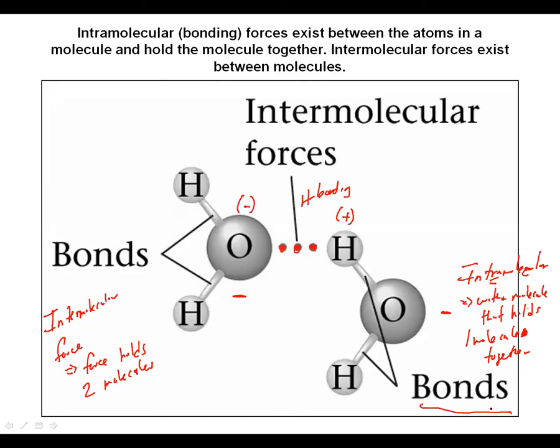Now, between intramolecular force and intermolecular force, the one that is stronger is always the intramolecular force. So the intramolecular force is always the strongest between, again, intramolecular and intermolecular forces. And we know that from a very simple example. If you take some water and you put it on the stove, you're going to make some pasta.